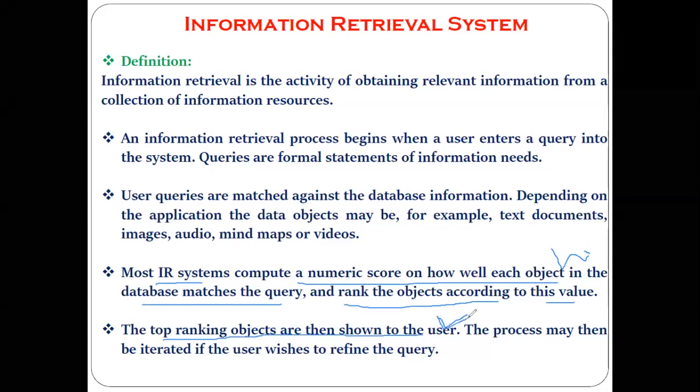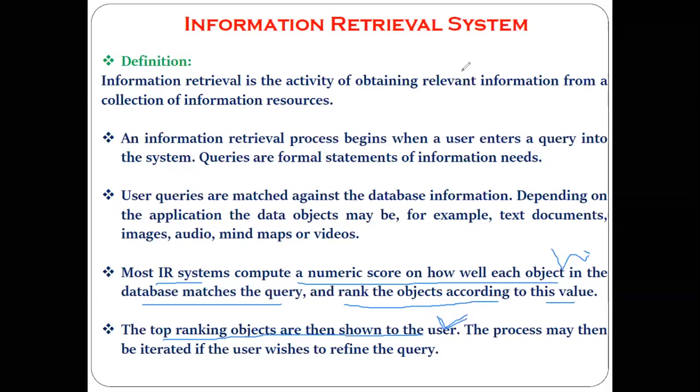Now, the top ranking is decided on the basis of the relevance of that particular document to your query. If the relevance of your query or the document matches certain information stored in the database, then that website or information resource will be shown to you at the first level.